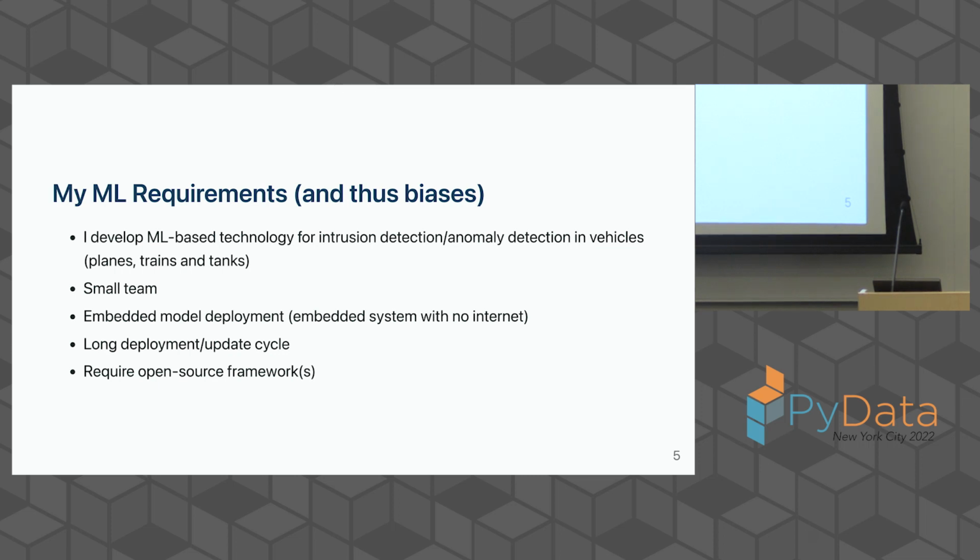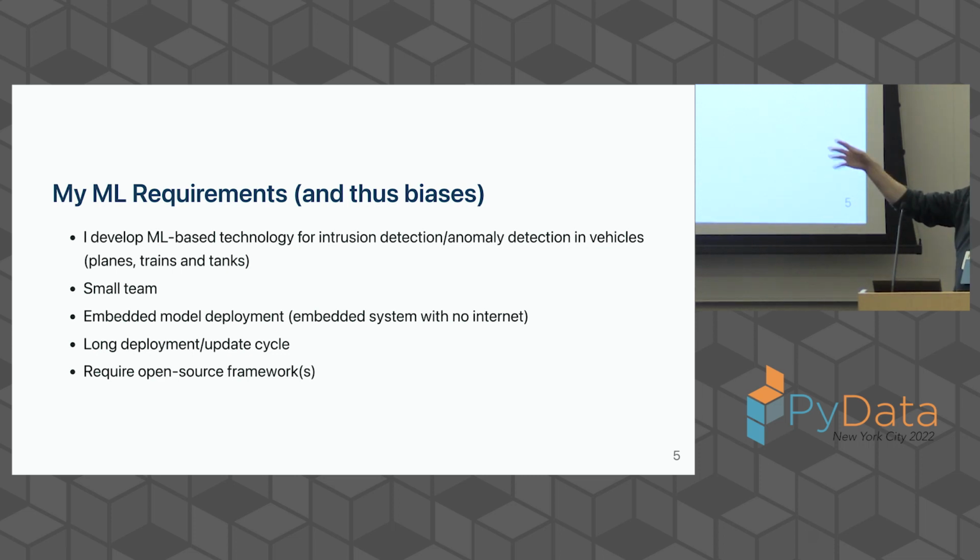My ML requirements are a little bit different than probably everyone else here. I do ML-based technology for intrusion detection on aircraft and tanks and anything that moves, really. So my work is very embedded, and once it ships, it's shipped, it's gone.